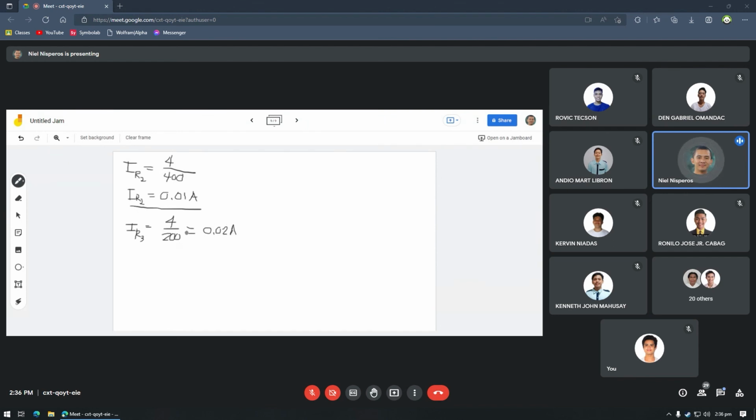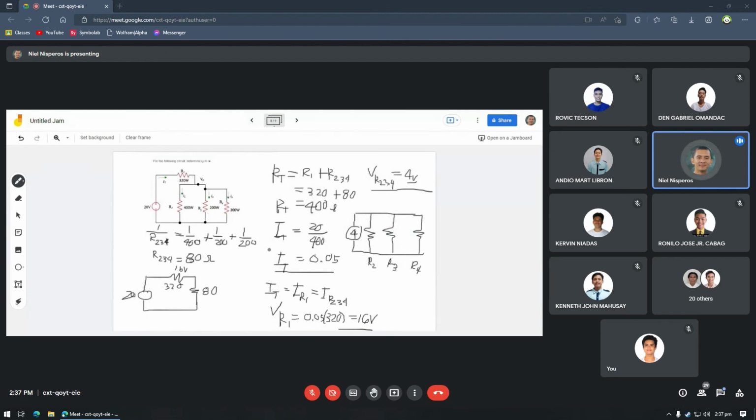I4 is the same value, 0.02 amperes. If we add these three, 0.01 plus 0.02 plus 0.02, we come up with our I total of 0.05 amperes.